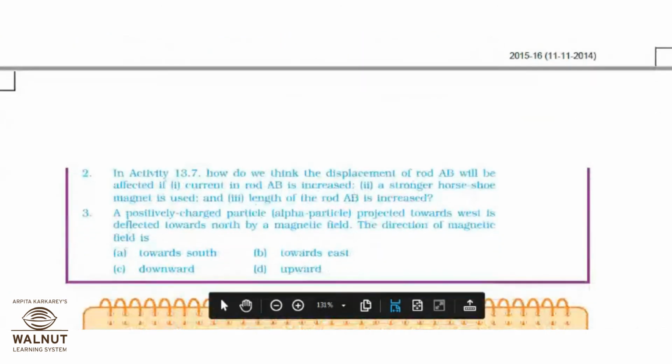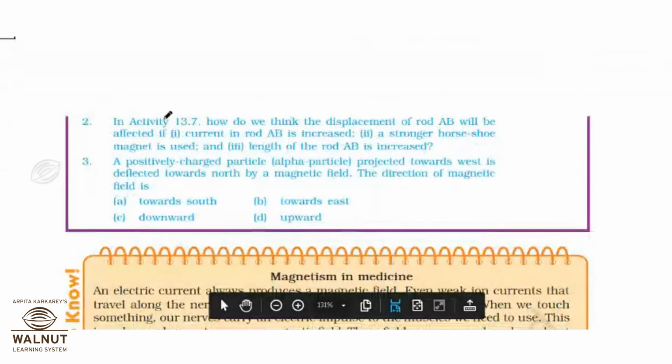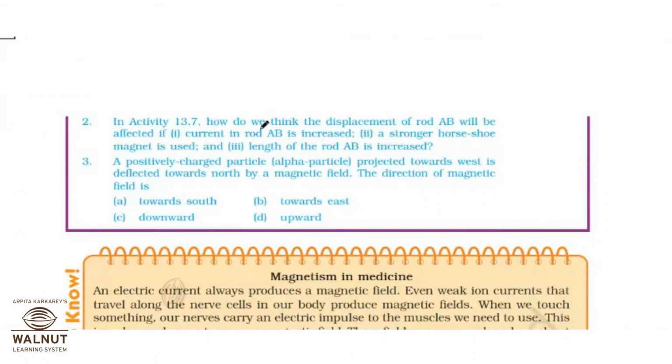Okay. Then in activity 13.7, how do we think the displacement of rod AB will be affected if the current in the rod AB is increased? Like we have seen, on what factors the displacement or the force depends upon. So current in rod AB is increased. If you increase the current, will the deflection or displacement increase or decrease? Yes, it will increase.